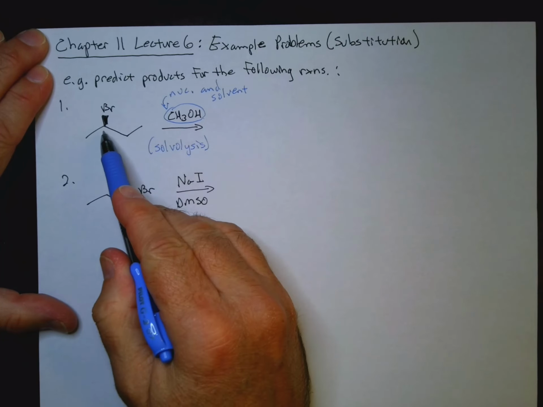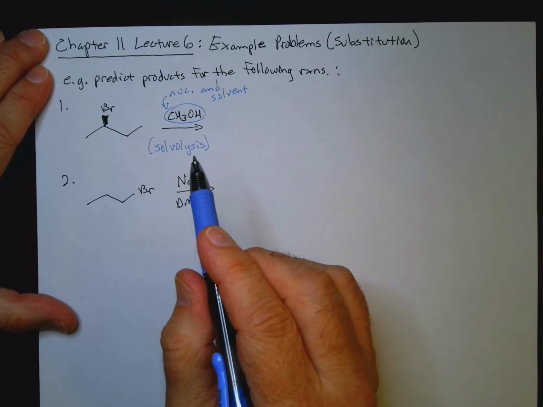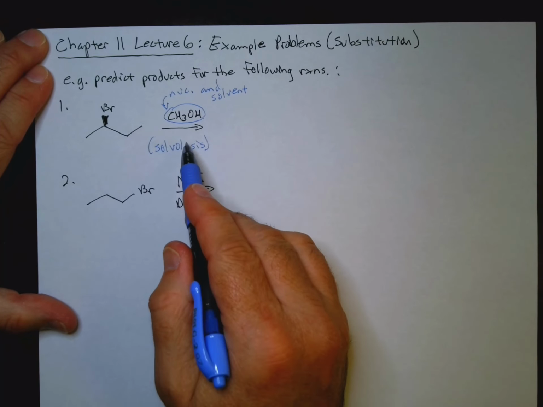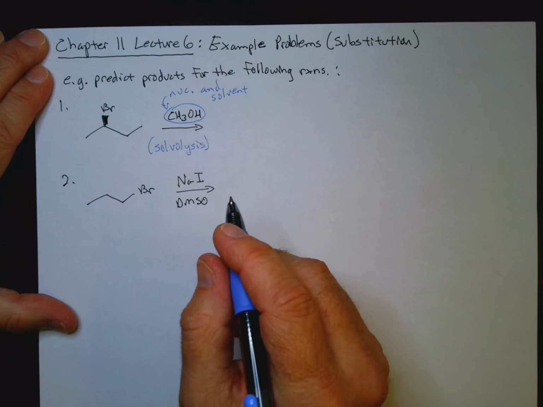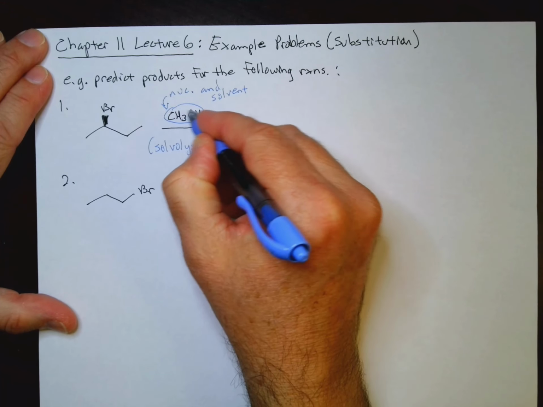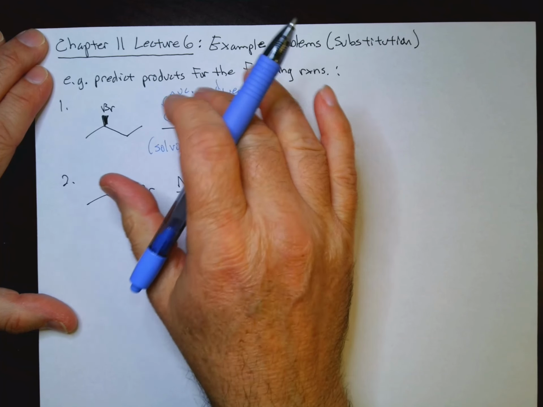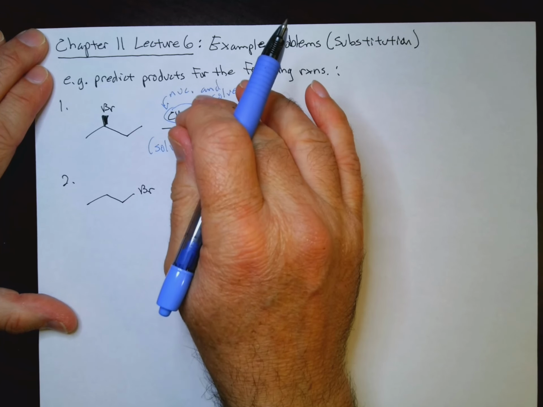That is, we're reacting something with solvent and we're going to get some kind of bond breaking. Solvolysis reactions are going to be SN1. If my nucleophile and solvent are the same, it's pretty much going to be SN1.